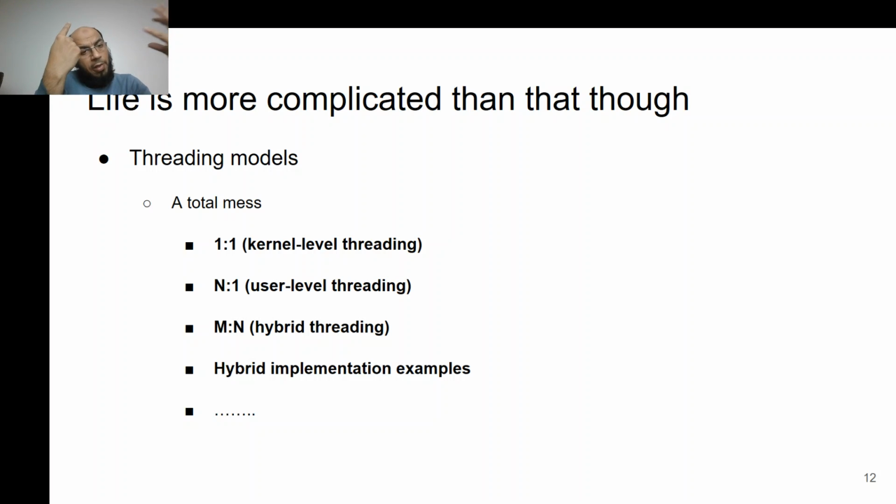And then the application itself, or the programming language, or the compiler, or the Java virtual machine, whatever program is running, will be responsible for deciding which of the n user level threads should now be run, and that user level thread will be mapped to the kernel level thread.